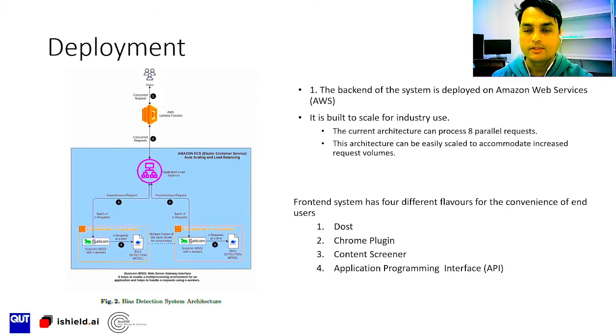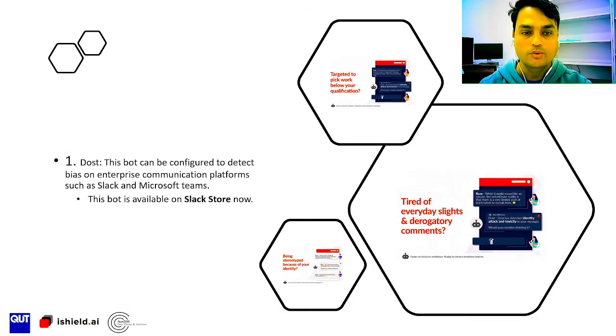Our backend system is deployed on Amazon Web Services, that is AWS, and our frontend system comes in 4 different flavors. They are DOST, Chrome plugin, content screener, and application programming interface. DOST is a bot that can be configured to detect bias on enterprise communication platforms such as Slack and Microsoft Teams. Right now, this bot is available on the Slack store.